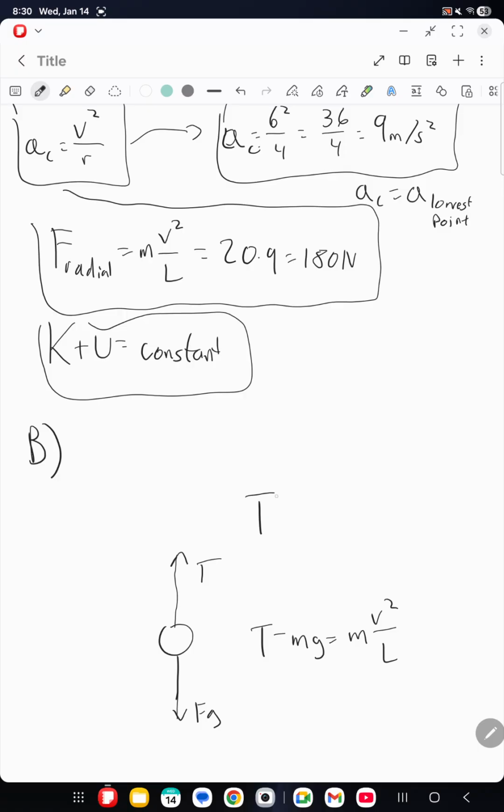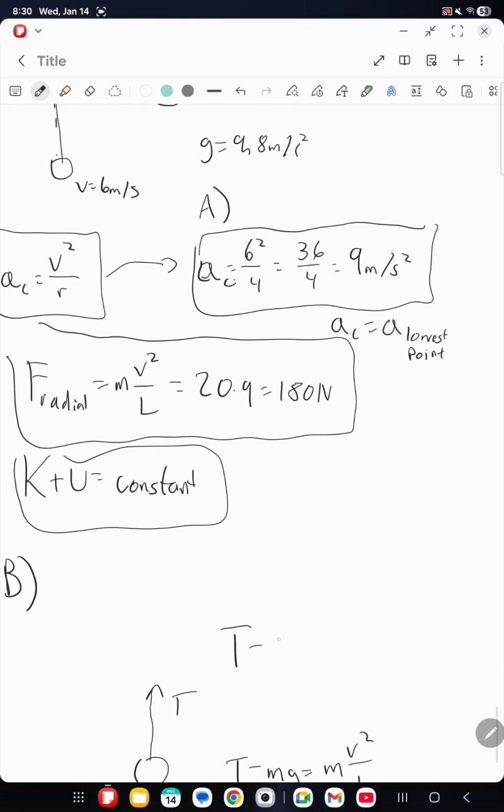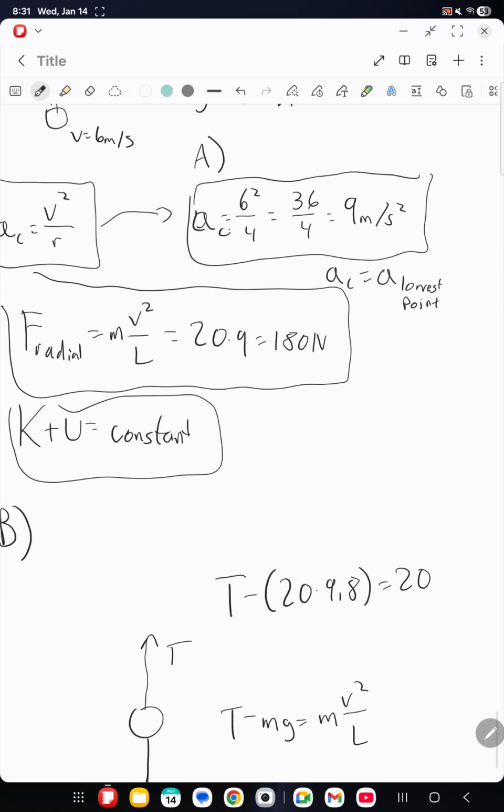And so the tension minus the mass, which we said is 20 kilograms, 20 times 9.8, is equal to 20 times, oh no, we already found it, it's 180. And so we'll just multiply 9.8 with 20 and add it with 180.